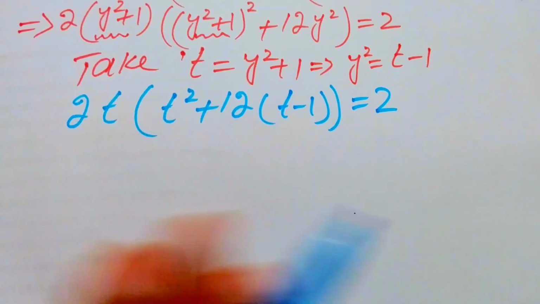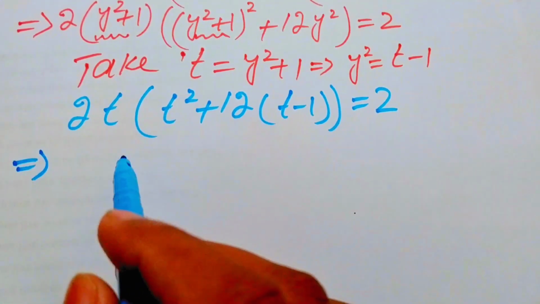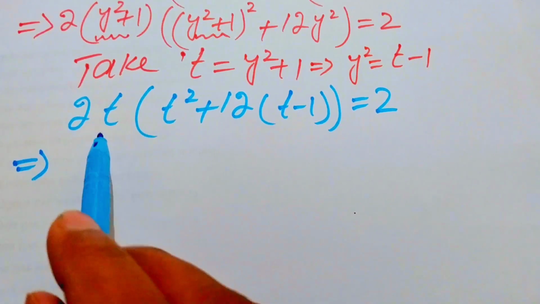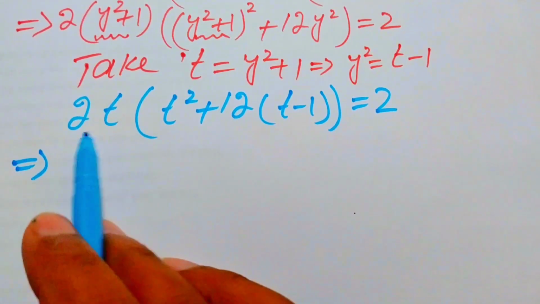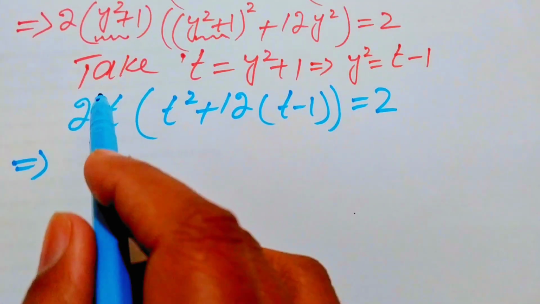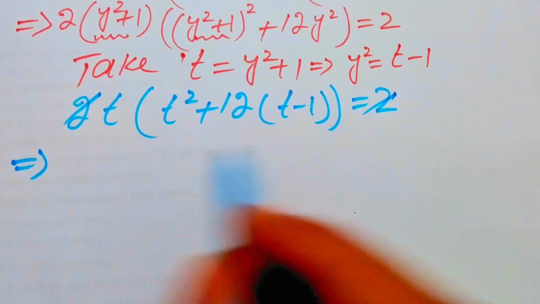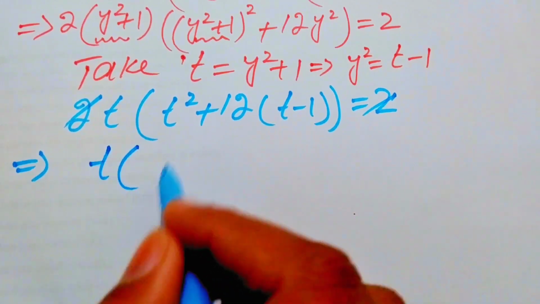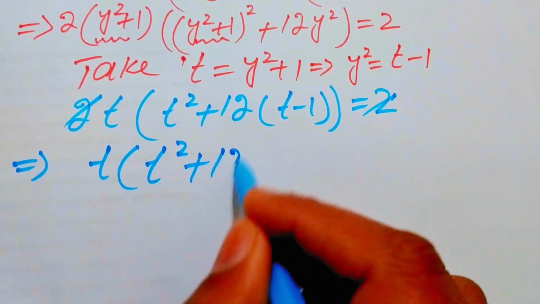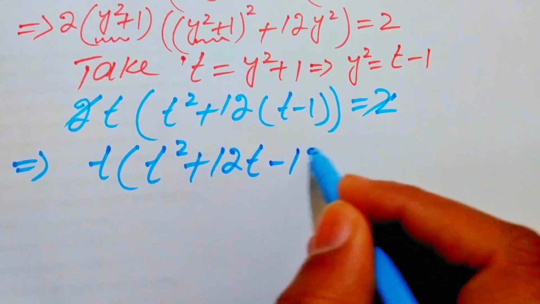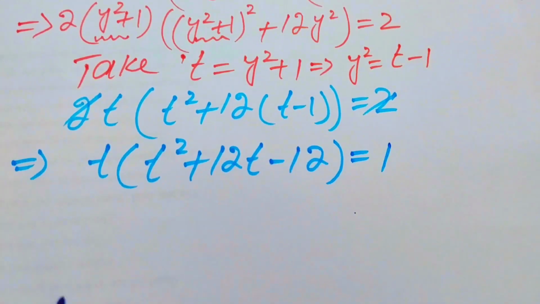So now we again simplify these terms. First we divide by 2 on both of the sides, because this 2 is cancelled out by this 2, and we get t times (t square) plus we multiply this 12 on both of the terms, and you get 12t minus 12 equals 1.